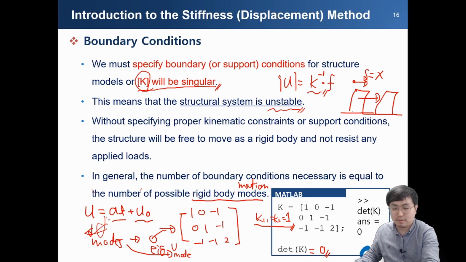So let's skip this part in more detail. Anyway, please remember that without the boundary condition, the global stiffness matrix is always singular.